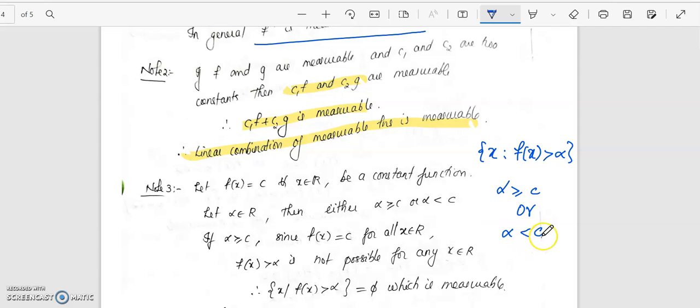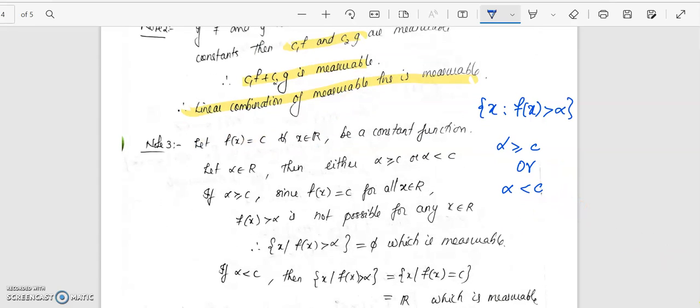Now if alpha is less than c, then when we take the set of all x such that f of x greater than alpha, the case where f of x equals c will also come inside it. Since alpha is strictly less than c, this set will be the entire set of real numbers.